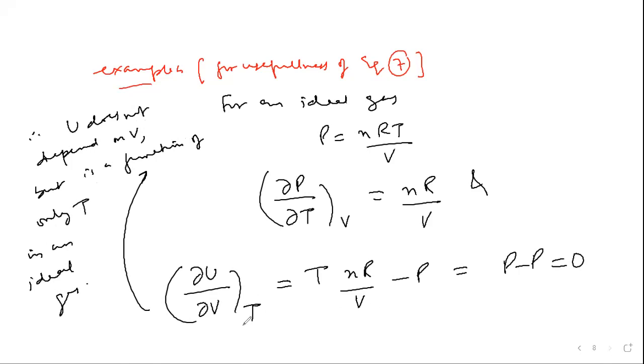So we held constant T, so this derivative turned out to be 0.